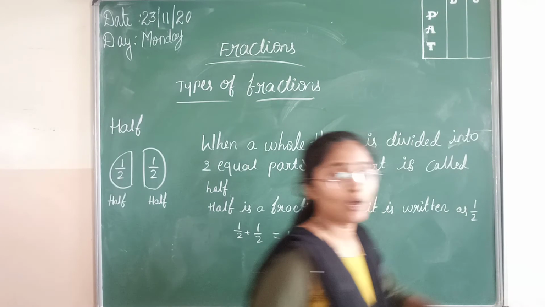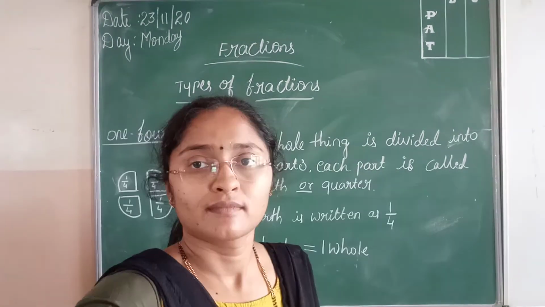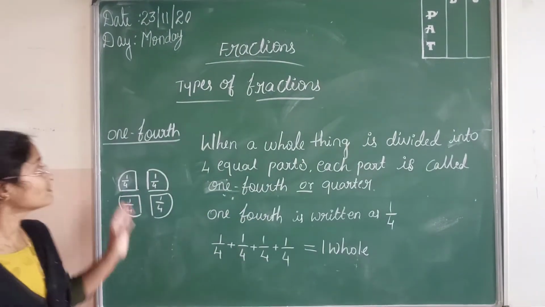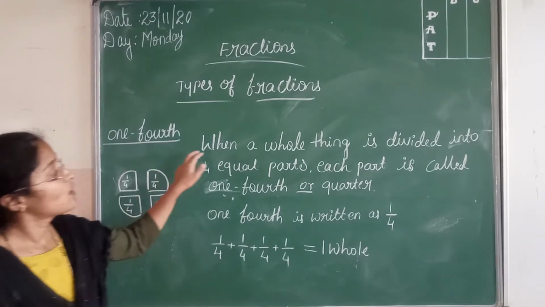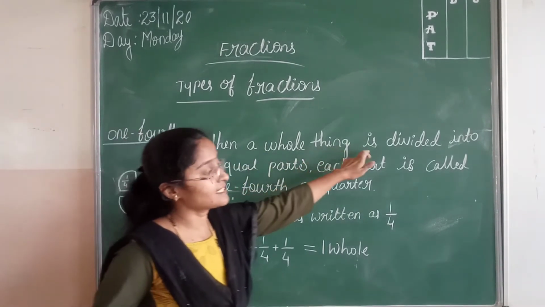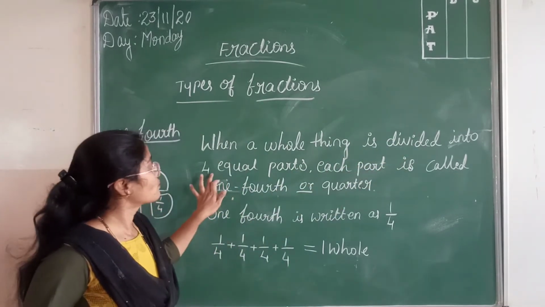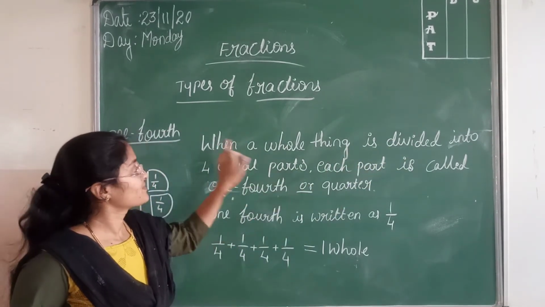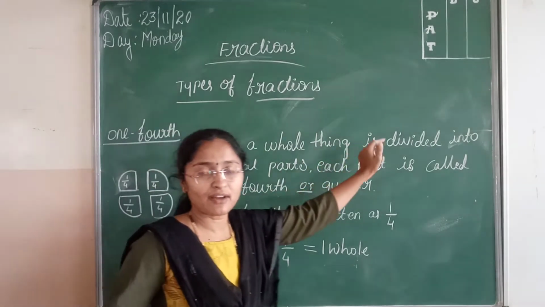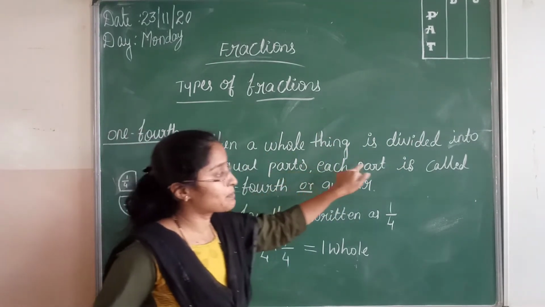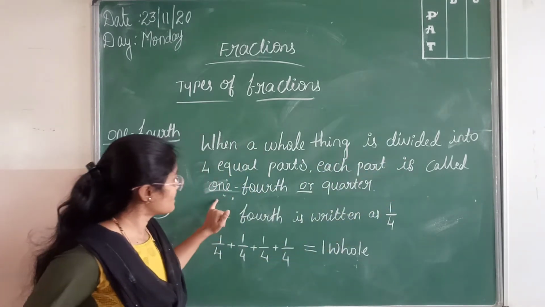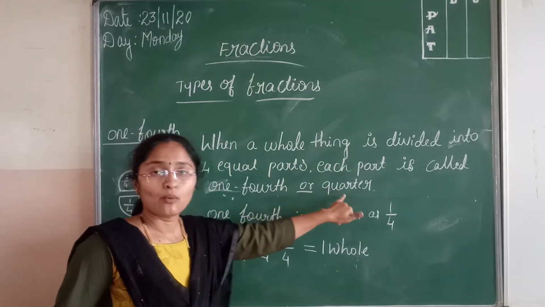So next we have 1/4. So let's see what is that 1/4. 1/4 is nothing but when a whole thing is divided into 4 equal parts. When a whole thing is divided into 4 equal parts, each part is called 1/4 or quarter.